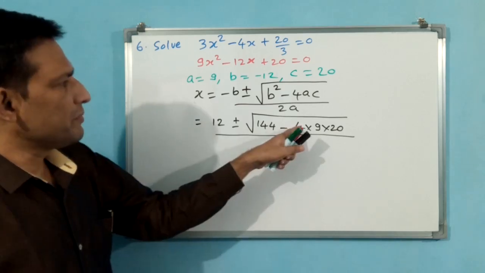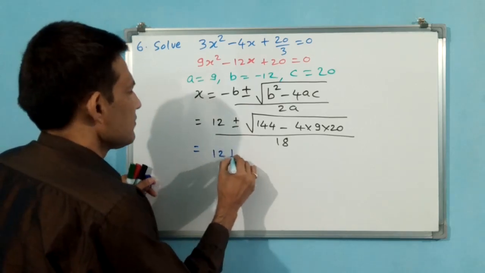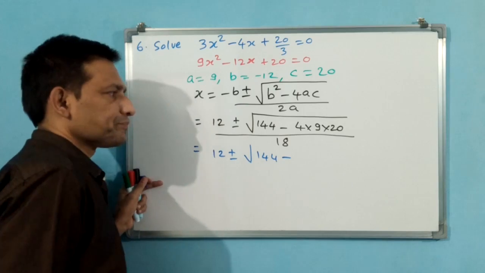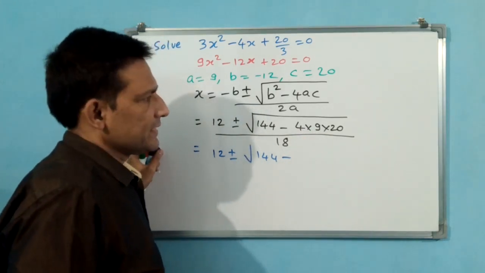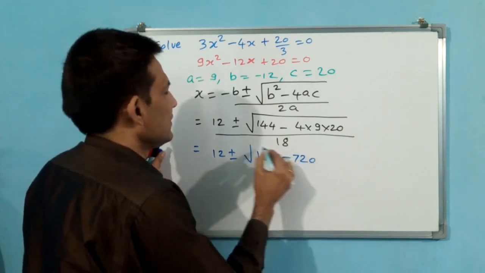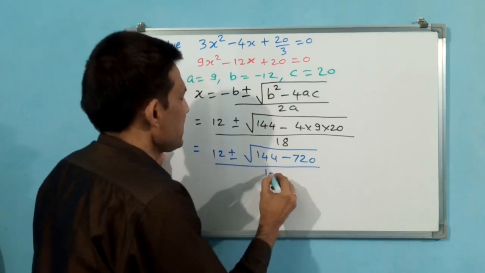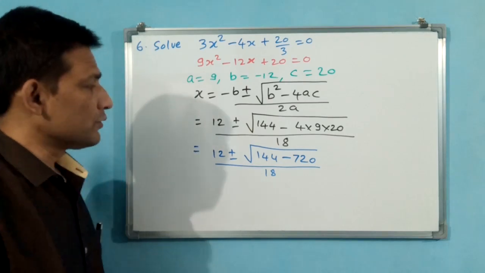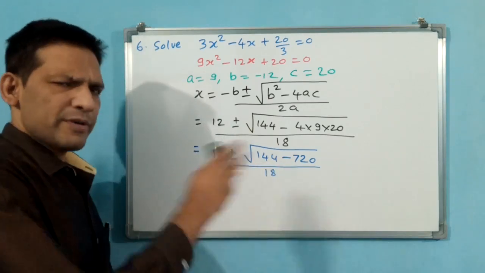Let us first simplify this, then we will see. 12 plus or minus square root of 144 minus, see, 9 fours are 36, 36 into 20, 720, by 18. Now what we do, we will see 144 minus 720 or 720 minus 144.